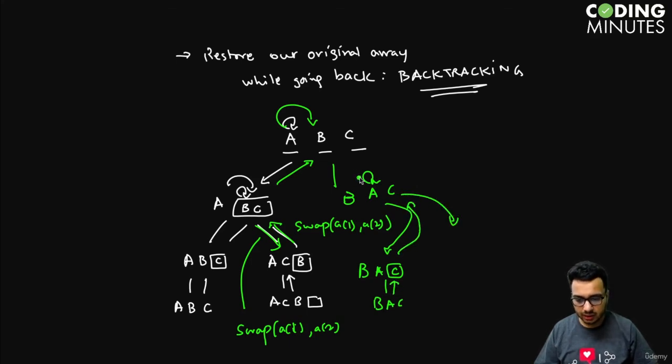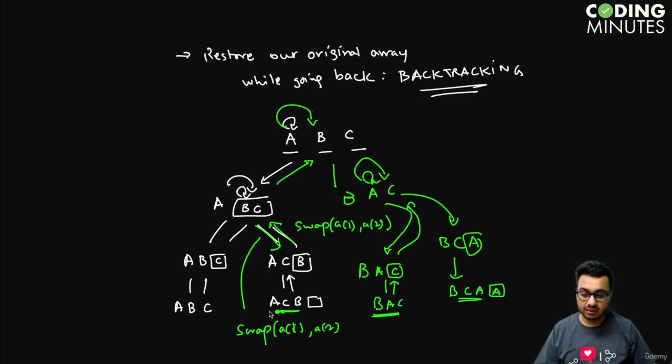You come here, A gets replaced with C, it becomes BCA. You make another call, it becomes BCA. You hit a base case, and you print the answer. Every time you hit the base case, you have the permutation ready that you can print. You go back, and every time you go back, you undo the changes that you made while coming to this step.